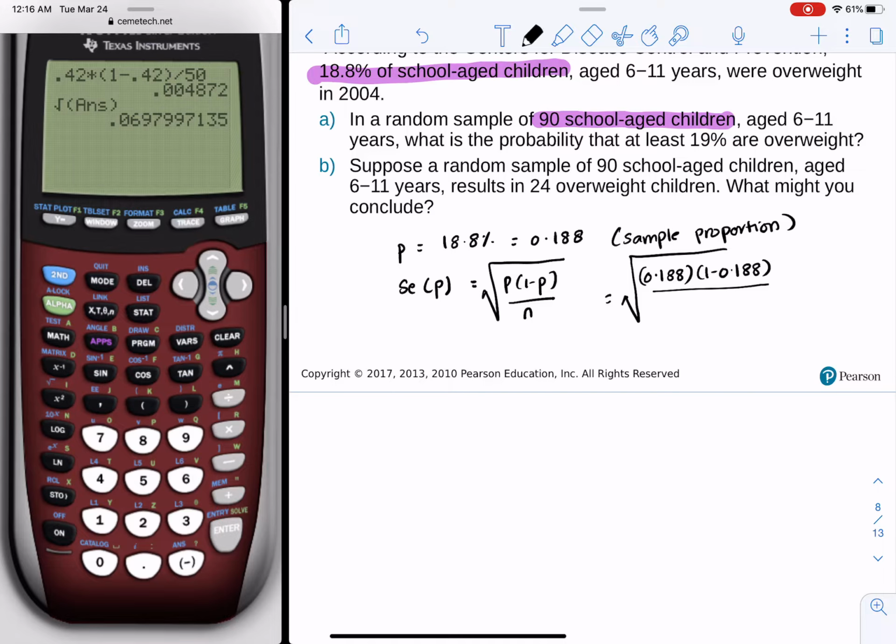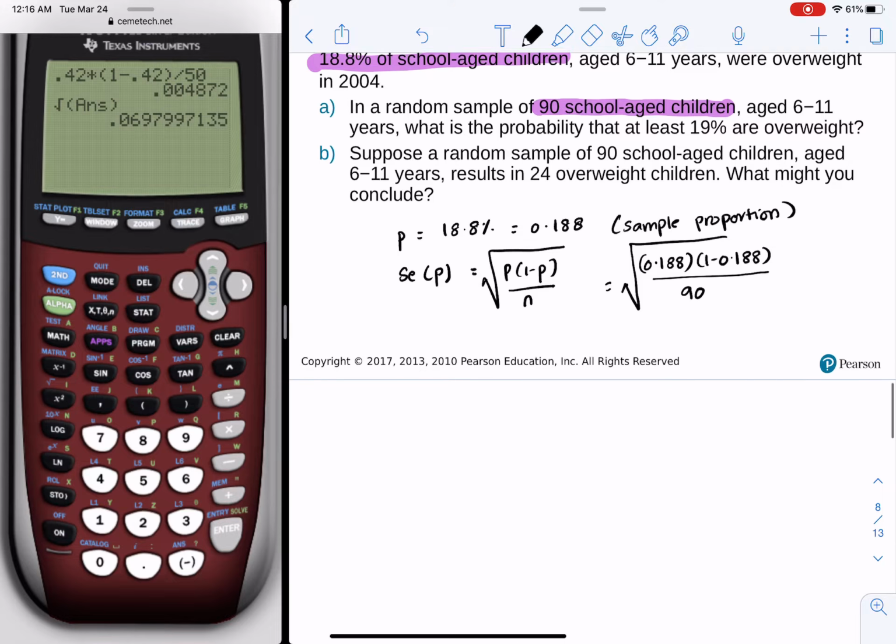So it is given to us. So we will just put it as p. So 0.188 times 1 minus 0.188 divided by 90.